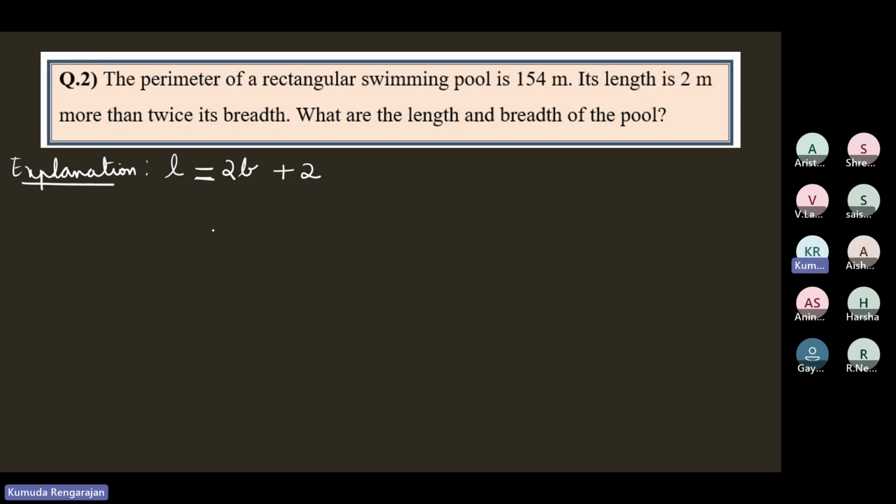Did you watch me write this? Yes, ma'am. See here, I'm doing it again. Its length is equal to 2 meters more than something. So that something will come here. Whenever it is 2 more than something, something is already there, plus 2, or 2 less than, something is already there, minus 2.